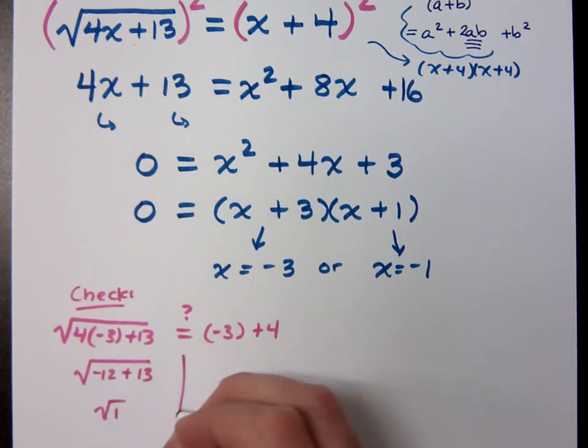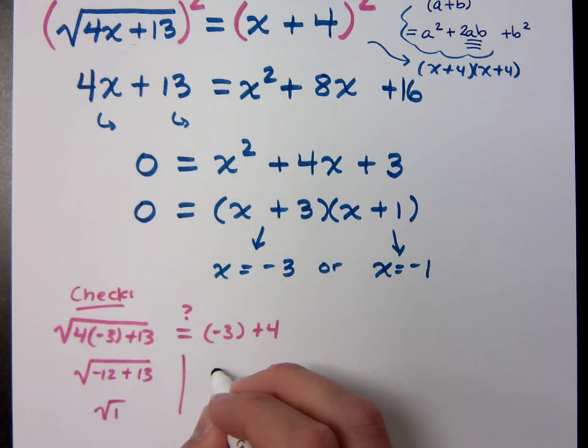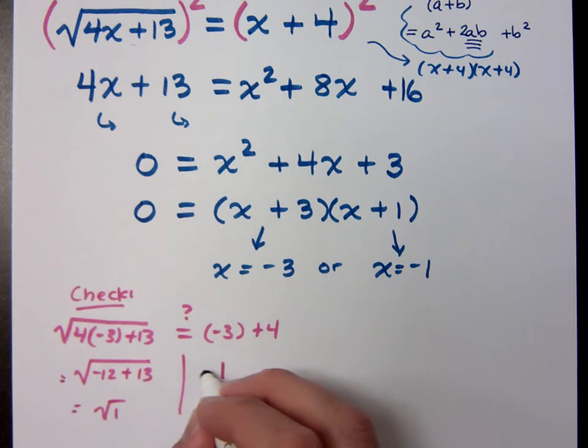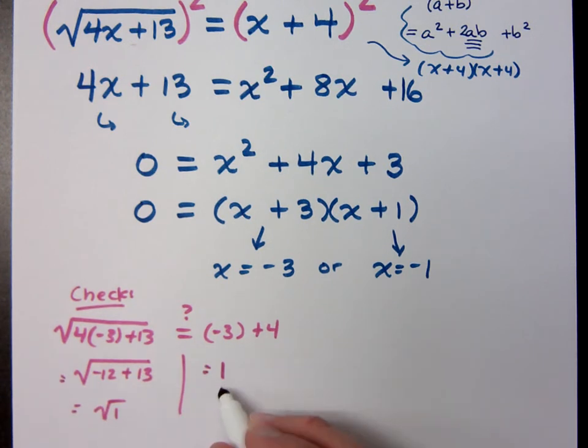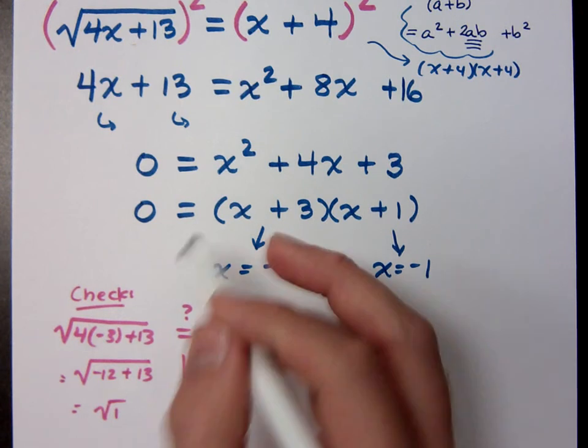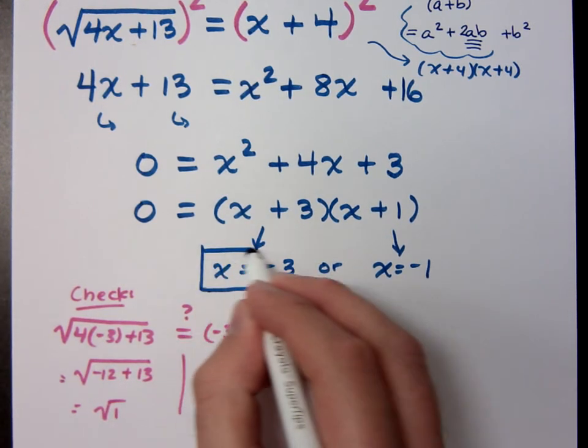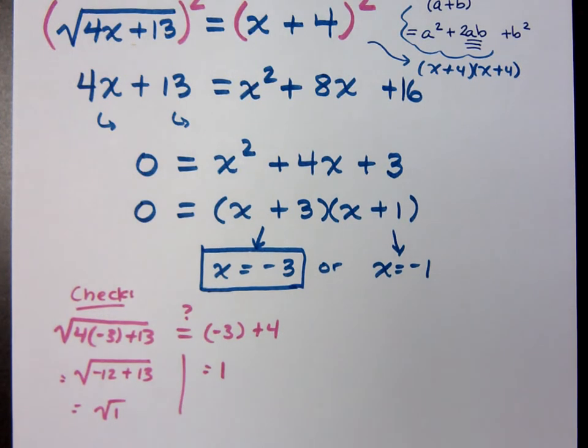What do you have over here on the right side? Equals 1. So 1 equals 1 is just true. Does the square root of 1 equal 1? Yes. So that means I can box this one. So the other one has to be extraneous, right? Not necessarily, right? We have to check that.